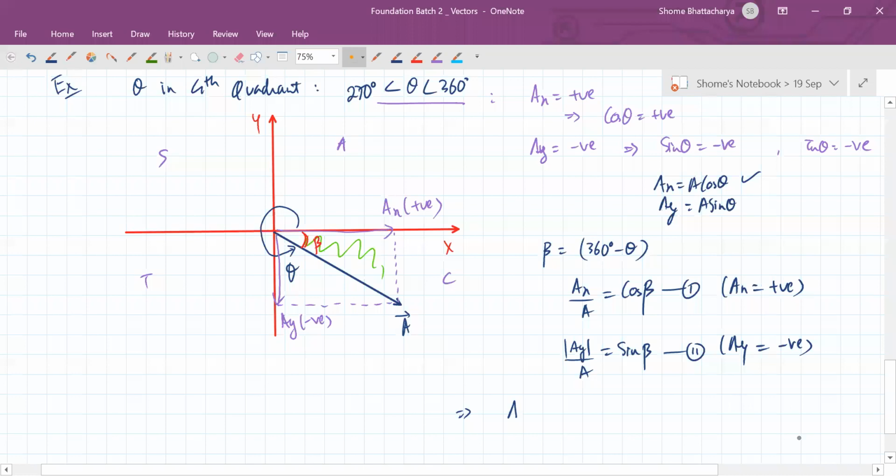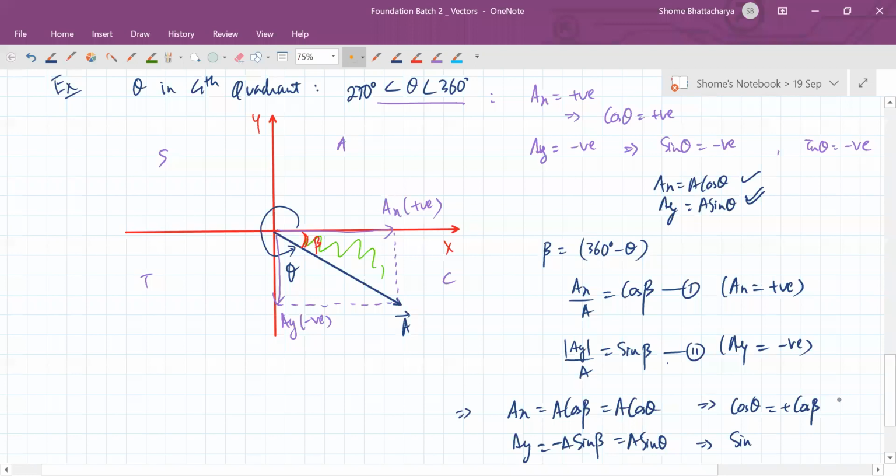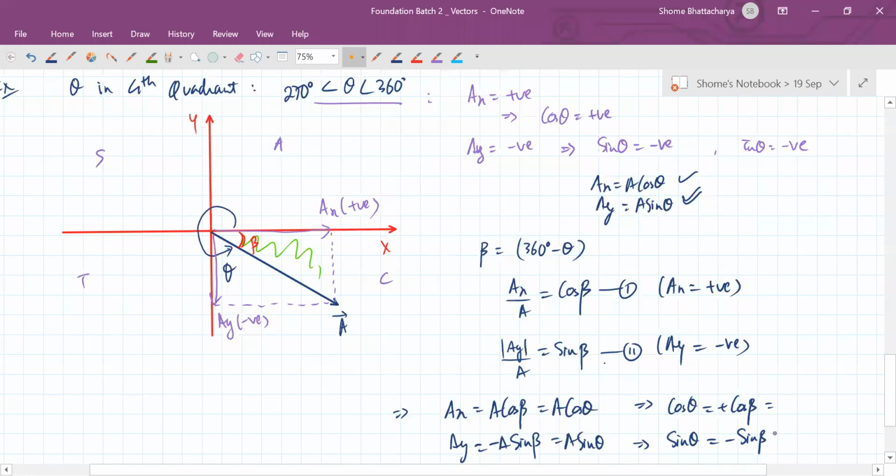So sine theta is minus of sine beta, that is, minus of sine of 360 minus theta.